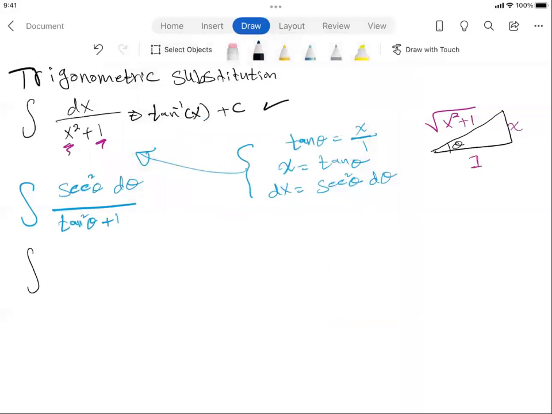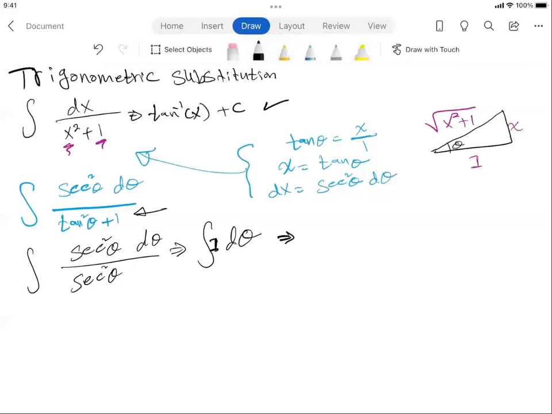We already know that tangent squared of theta plus 1 in the denominator is simply equal to secant squared of theta. So I will have secant squared of theta in the denominator and secant squared of theta in the numerator, d theta. Then this is straightforward: all I have is the integral of 1 times d theta, and that's simply equal to theta plus c.